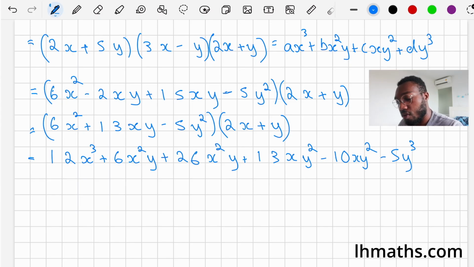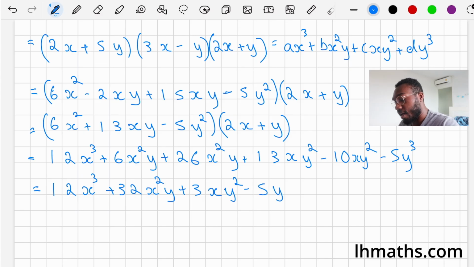So the x cubed, there's no other x cubed, so we stick with the 12x cubed. Okay, we have a 26x squared y plus a 6x squared y. So that will be a positive 32x squared y. We have a 13xy squared minus a 10xy squared. So that is a positive 3xy squared.